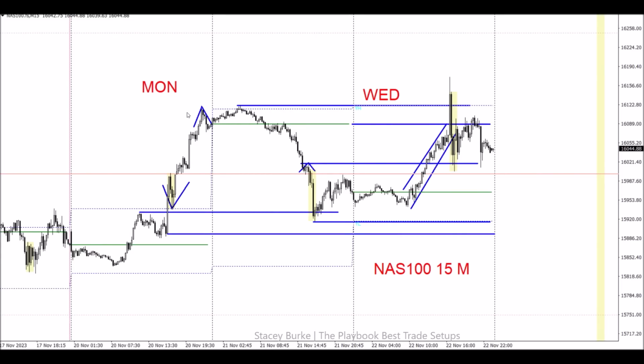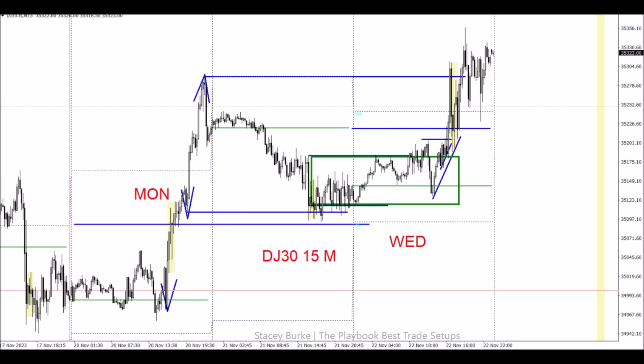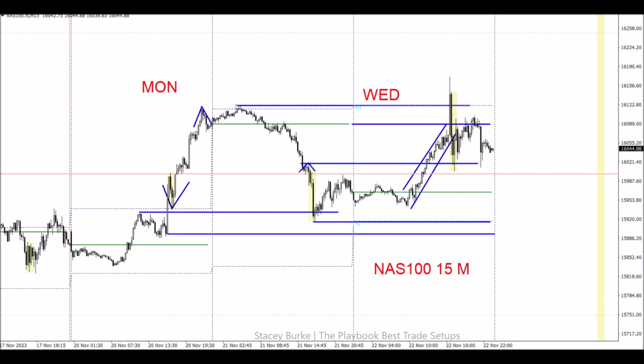NASDAQ, same thing. Monday, opening range. Tuesday, DJ30 was an inside day. NASDAQ was just a slightly higher high. They dumped it down, the same situation. They got you selling down low into the peak formation low of the U.S. session and the high of day breakout. That market coiled sideways before breaking out off closing price in the London session.